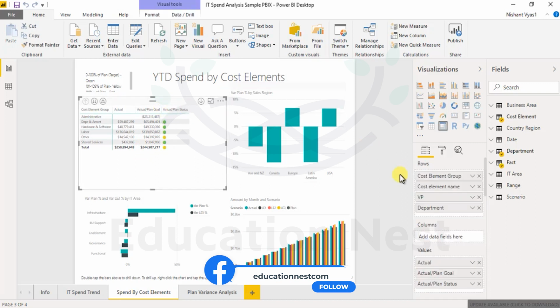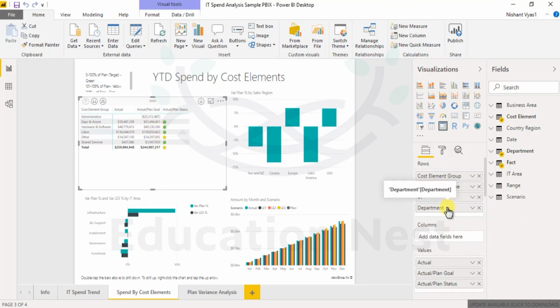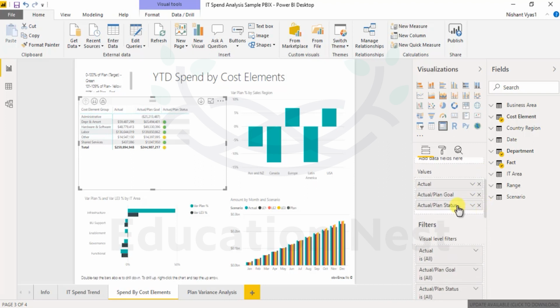So that's how the statuses are planned. If we have a look at the status elements, let's have a look at it. What have they kept? 1, 2, 3 and actuals. So this is the department, and VP. This is the level. This is the status. So this is a fact table.